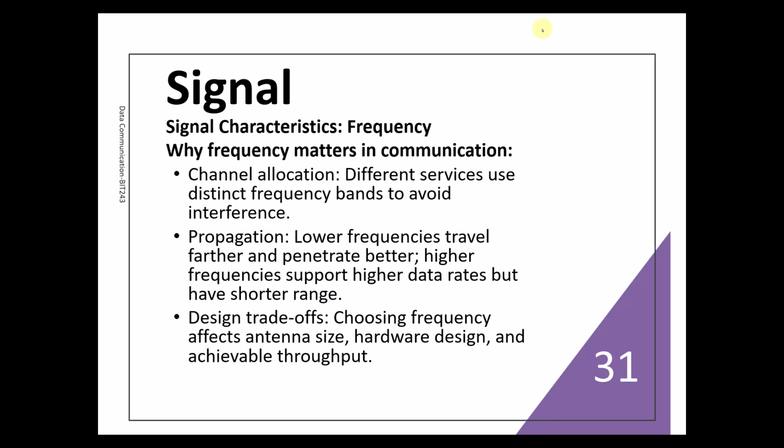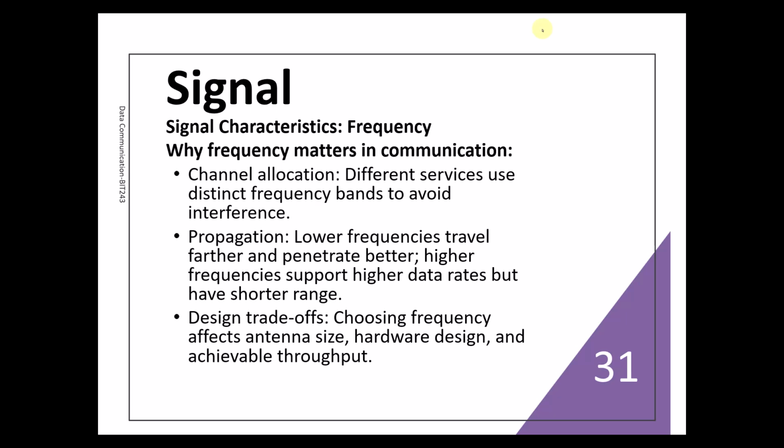The wavelength is the length of a signal in one full cycle. Lower frequencies have a longer wavelength. They can travel far, but they have a lower data rate. But higher frequencies have a higher data rate, but a shorter wavelength, so they can travel only short distances.